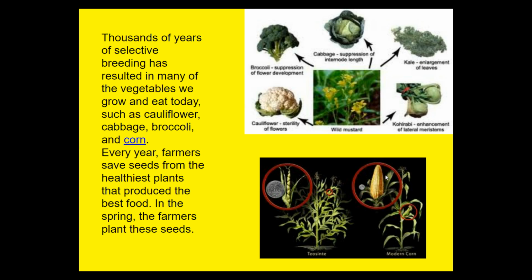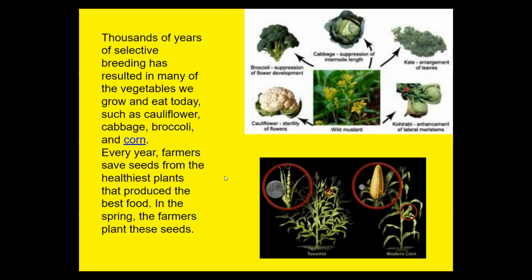So the corn that you have today in the grocery store looks nothing like teosinte, but that is its ancestor, and it got there through what process? Selective breeding. They chose one trait and they wanted to pass that on to the next thing.